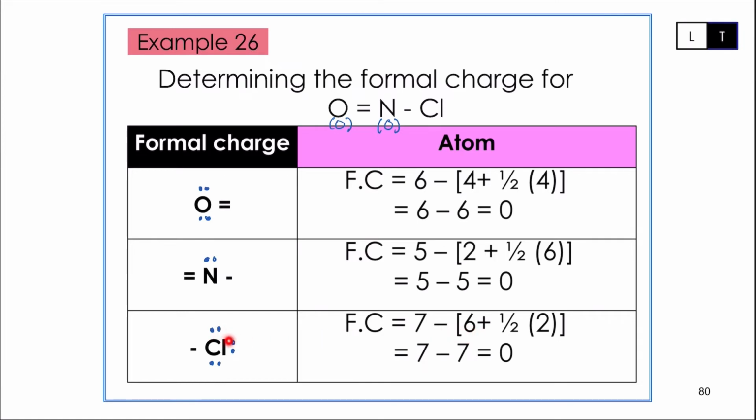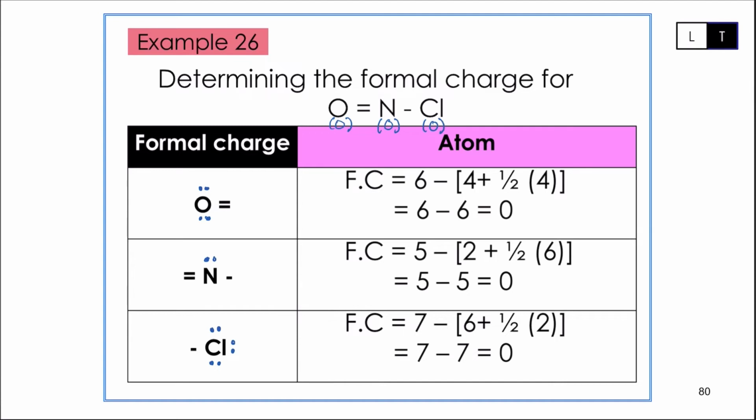Saya ada 6 dots sekeliling chlorine. Plus half times 2 daripada bonding pair electrons. So 7 minus 7 equals to 0. So how am I going to label? On the atom in the structure, you put in the bracket 0.